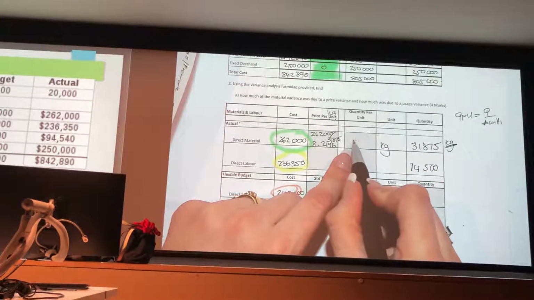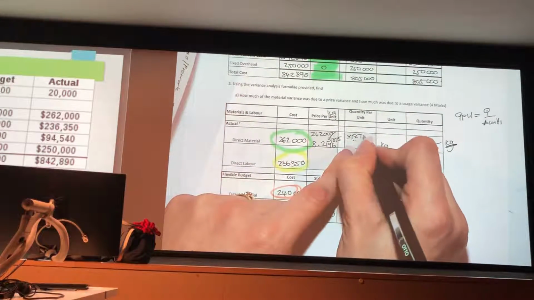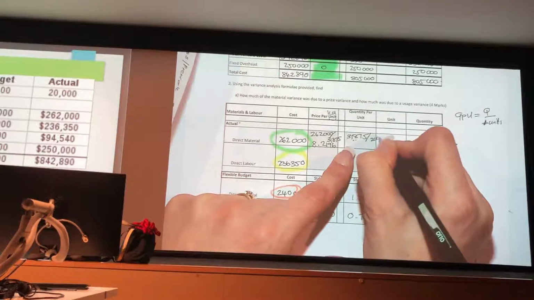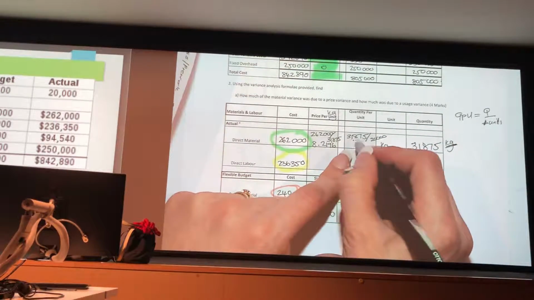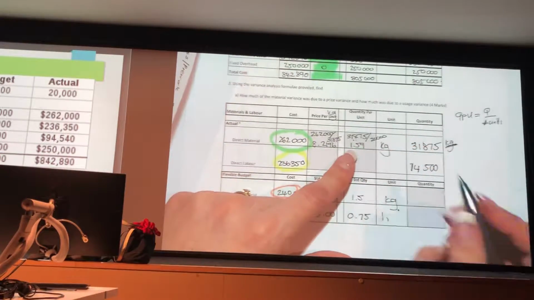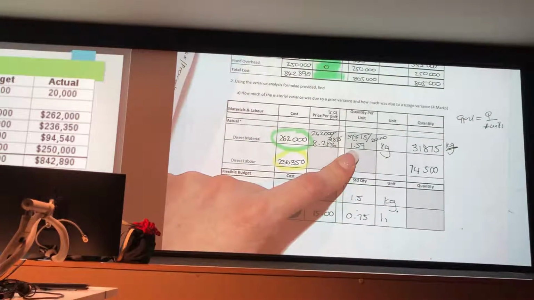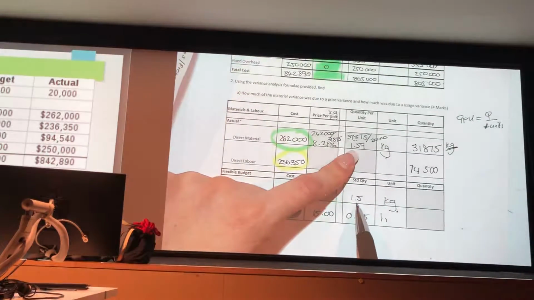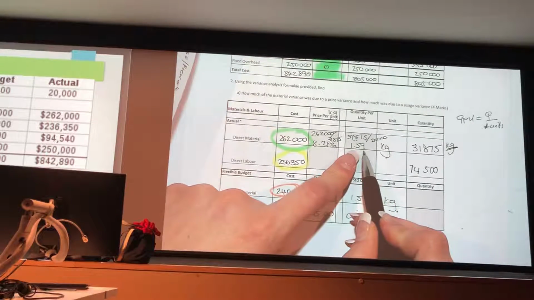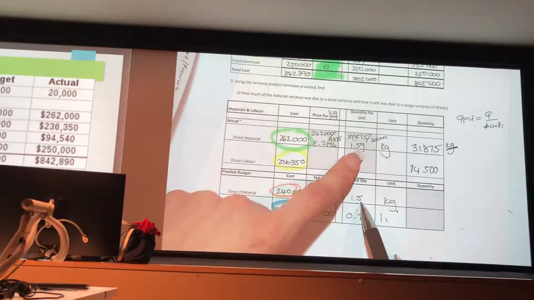So what is that answer? 31,875, which is given to you, divided by how many units? 20,000 units given to you, gives you 1.59 kilogram. So here you can already see that they said it was budgeted on 1.5, and you've now calculated that actual was 1.59. So you've used more material.